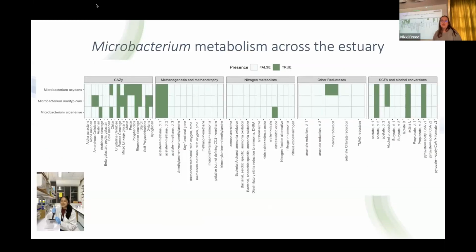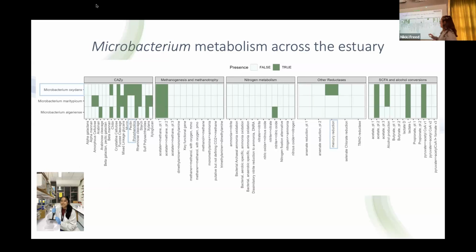What Millie and I were doing was really digging into Microbacterium metabolism and also salinity across the estuary. We were able to recover 3 different species of Microbacterium. Oxidans was mostly isolated from the freshwater site. And we can see that we do get some niche differentiation happening between those 3 Microbacterium species.